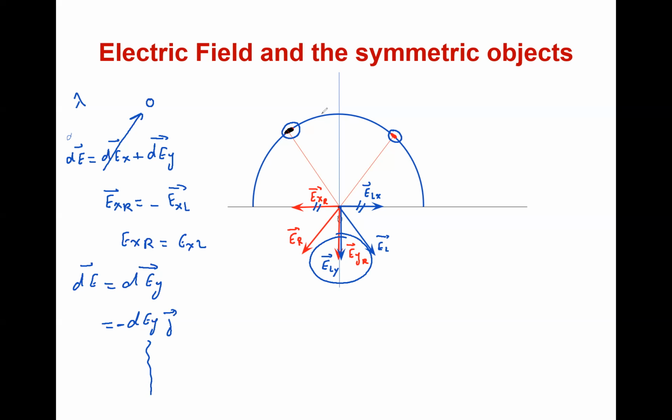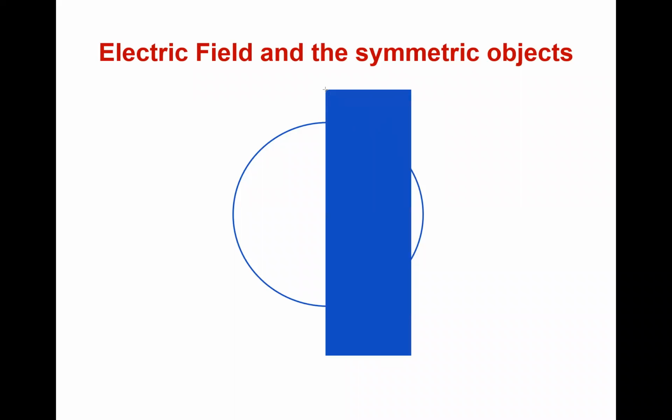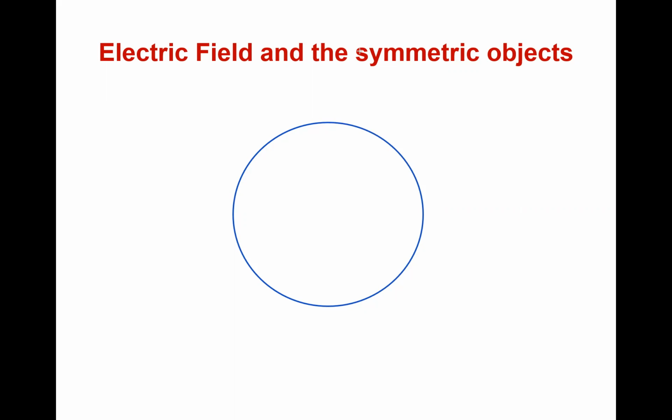Now, let's take another example, and find the symmetry and which component we must cancel. We have the same shape, but it's like this.